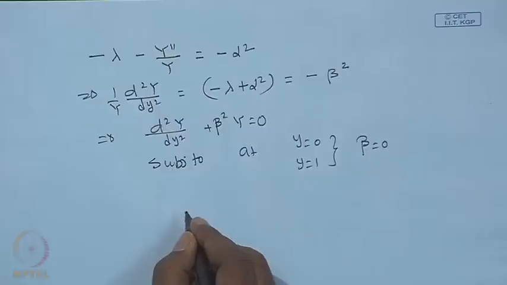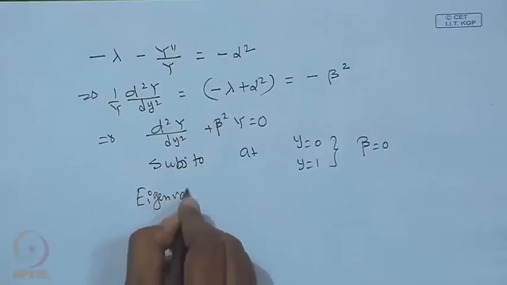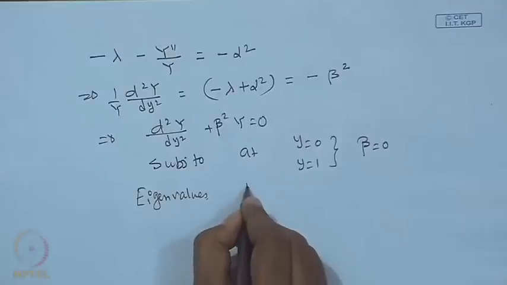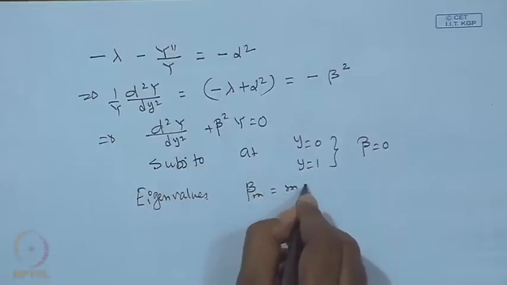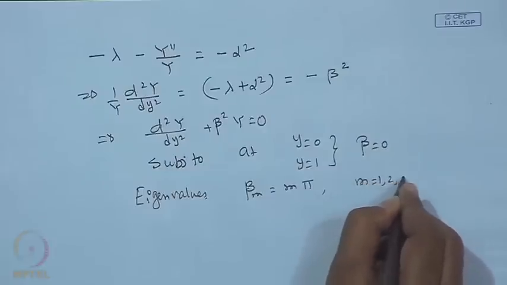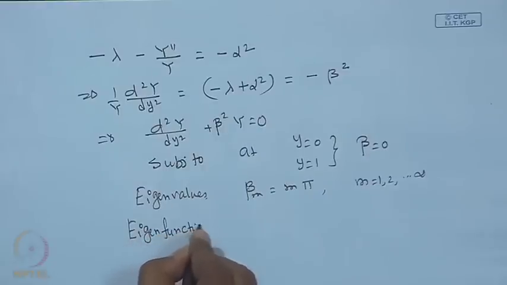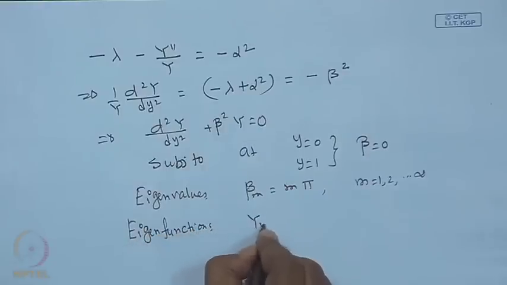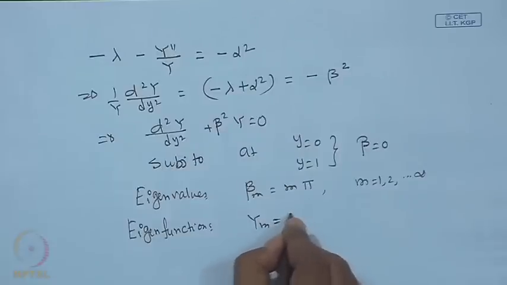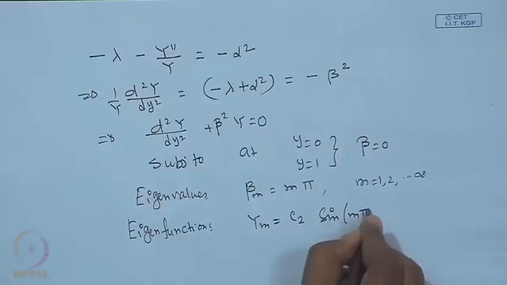So, we know the solution to this problem. Again the solution remains the same. So, beta m, the eigenvalues, are nothing but m pi, where the index m runs from 1 to infinity, and eigenfunctions Y m are nothing but C 2 sin m pi y.